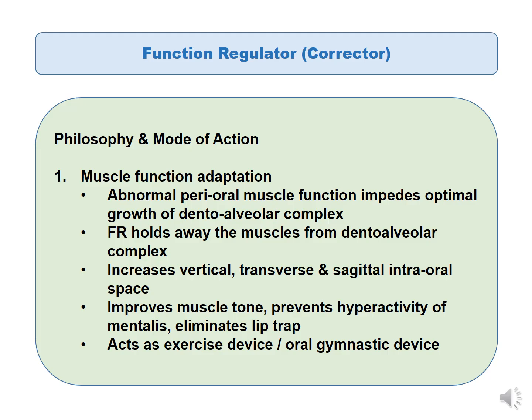Now, this tends to increase the vertical, transverse, and sagittal intraoral space. It also improves muscle tones, prevents hyperactivity of the mentalis, and eliminates lip trap. It can also act as an exercise device, and Frankel advocated patients to do oral gymnastic exercises.